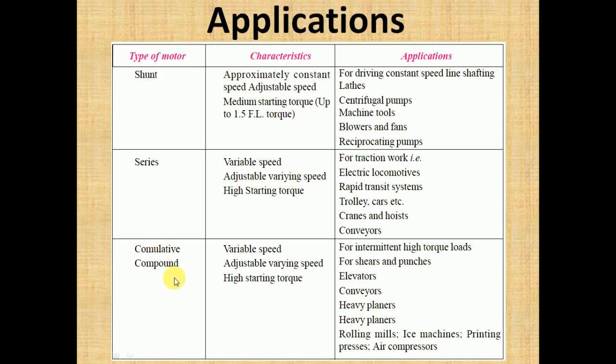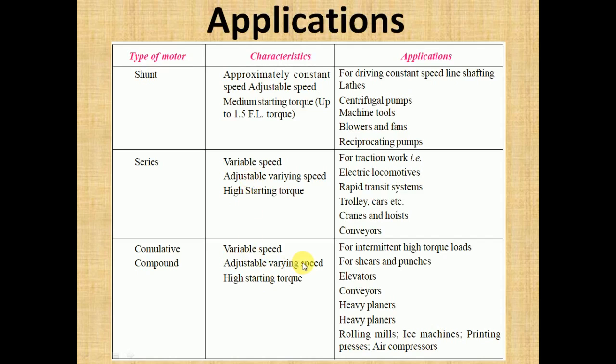Now let's see the applications of the cumulative compound DC motor. With this you can achieve variable speed and high starting torque, and variable speed is the main characteristic of the series DC motor also.